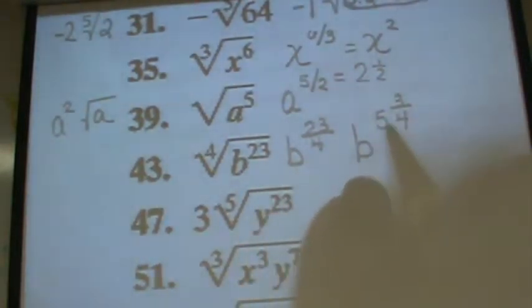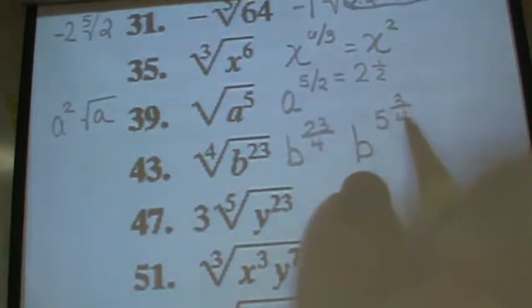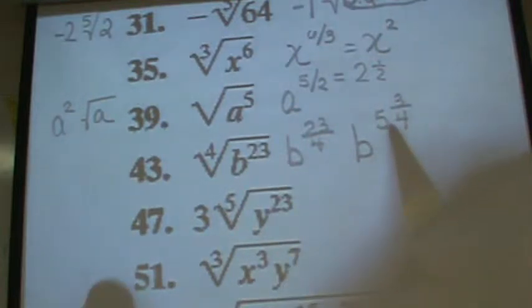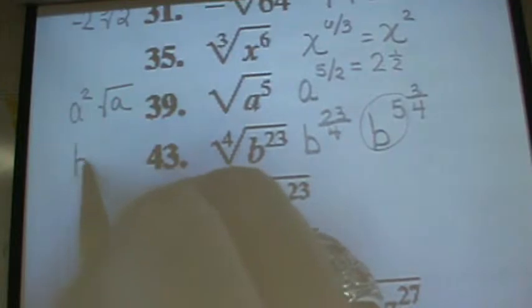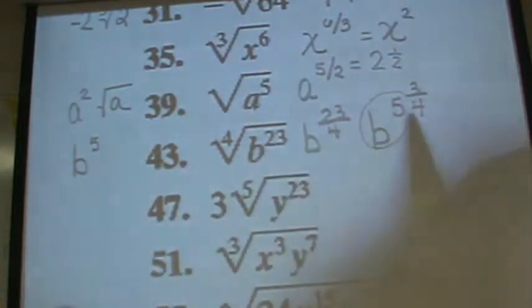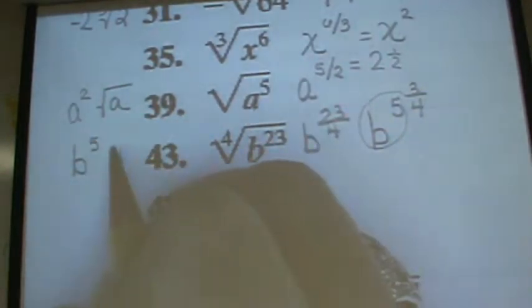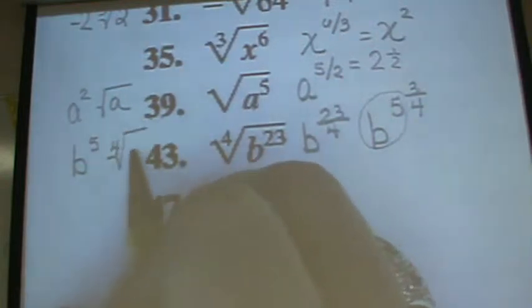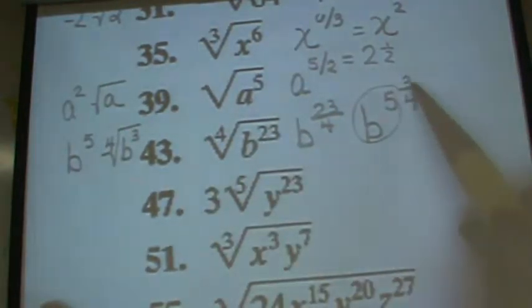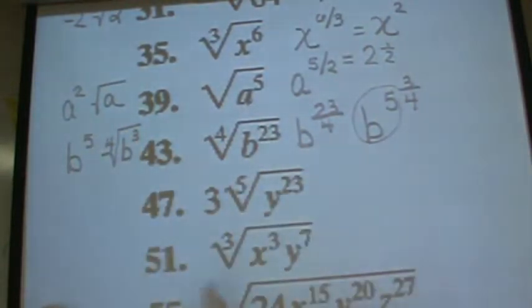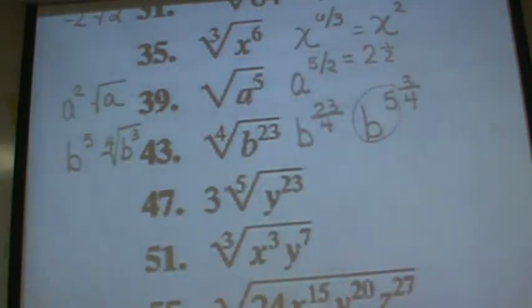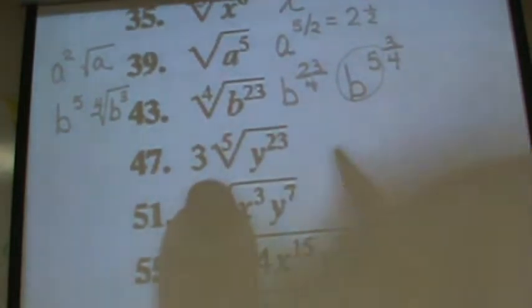So this mixed number is 5 3/4, because 4 times 5 is 20 with 3, so 3/4. So this is the whole part that comes out, b to the 5th, and what remains is the 4th root of b cubed. So the fractional part is what stays.